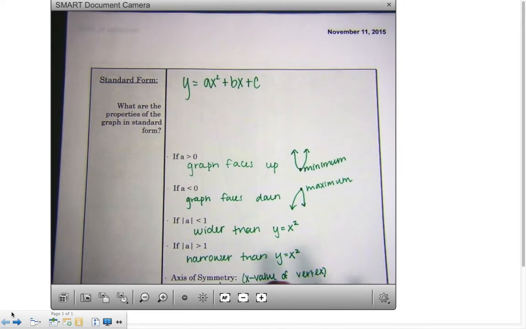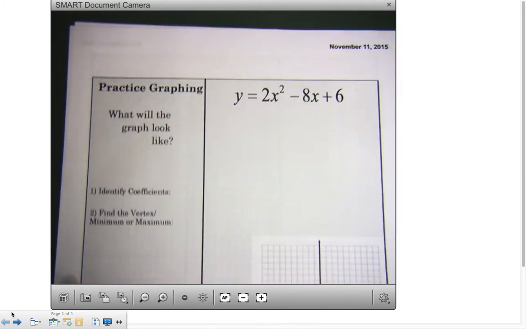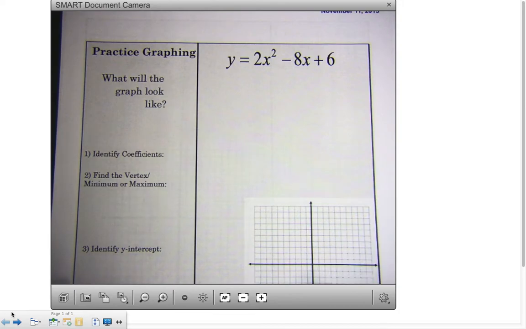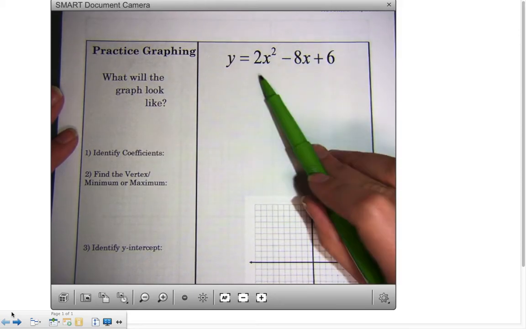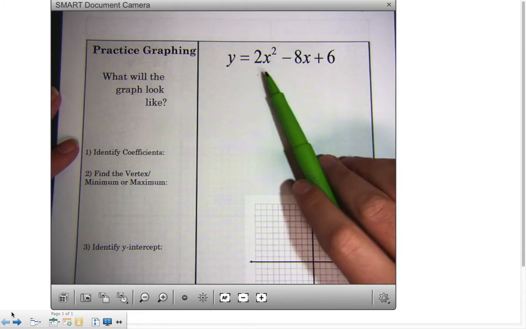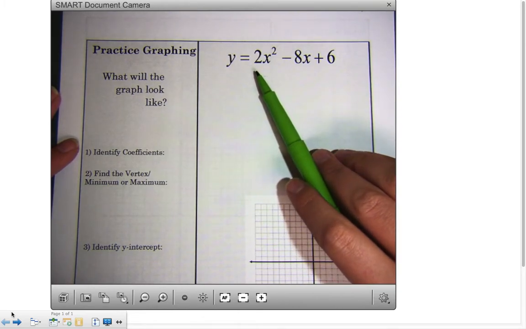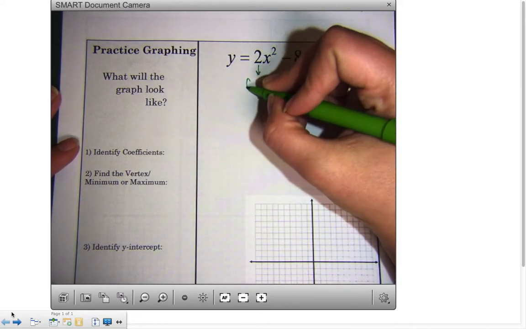All right, so let's try to graph one. So go ahead and make a coordinate plane in your notes, negative 10 to 10, and then this is the first one in standard form that we'll graph. I always want you to recognize at first what's the leading coefficient and what's the constant. That's going to tell you two big things about your graph. Since the number is 2, we know it's going to be a little bit narrower than the parent function. 2 is positive, so we know that it's going to face up.